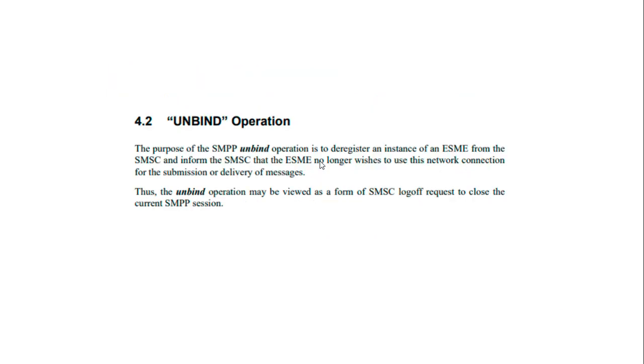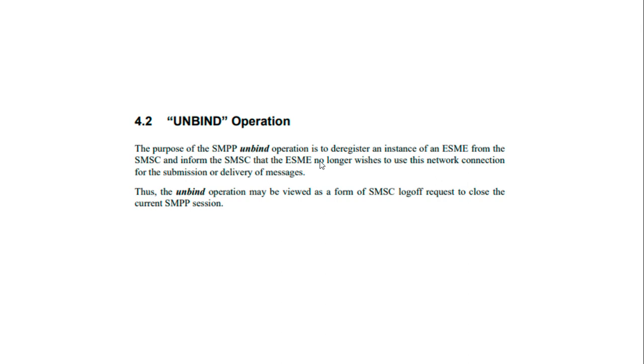Once the bind request is successful, after that you can send and receive SMSs like submit SM, or you can get messages with deliver SM. How those messages are established and how they work, I will be discussing in my next video.